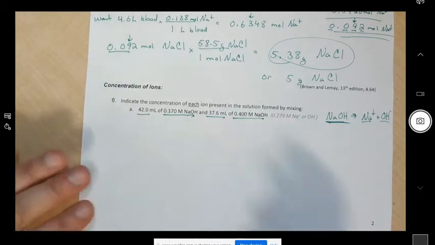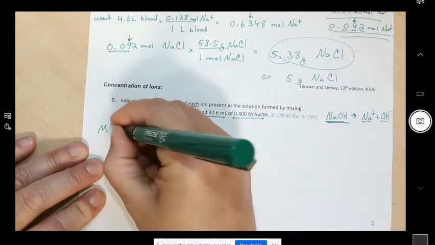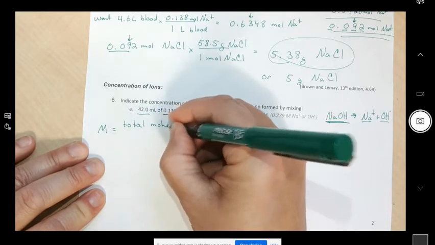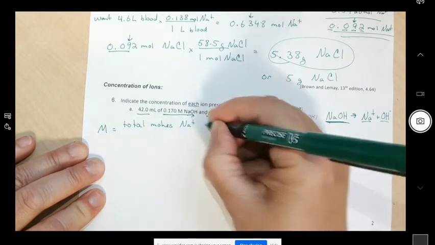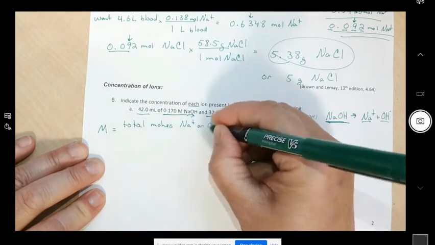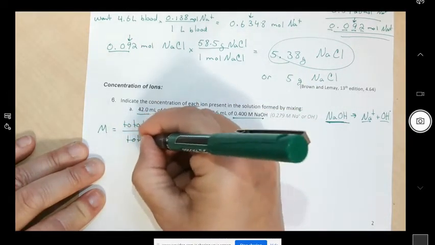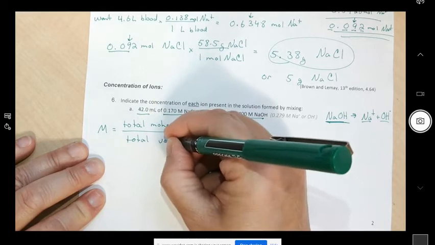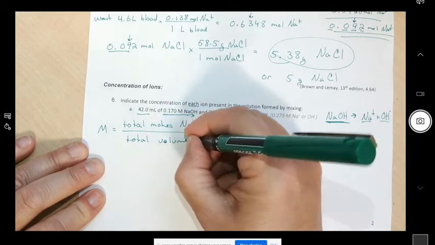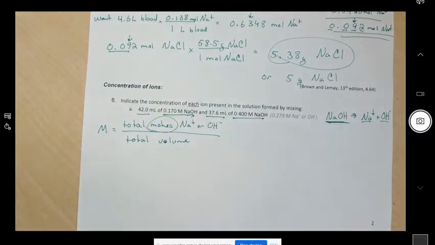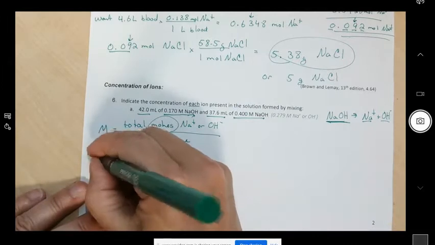So my final molarity is going to be my total moles of Na plus or OH minus over the new total volume. So probably the best thing to do here is to figure out my total moles. So I'm going to go back to my molarity calculation. I'm going to go to solution 1.